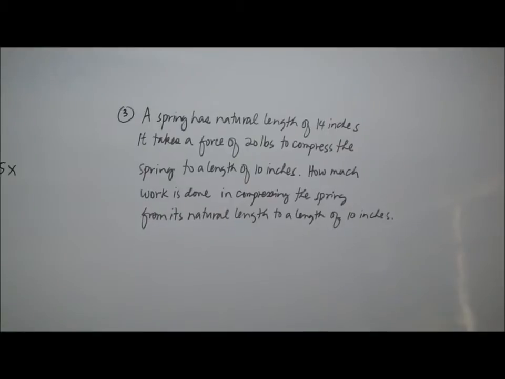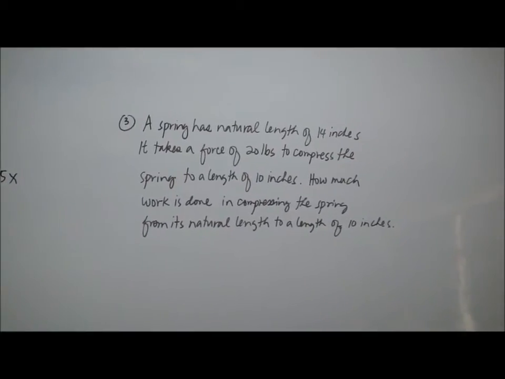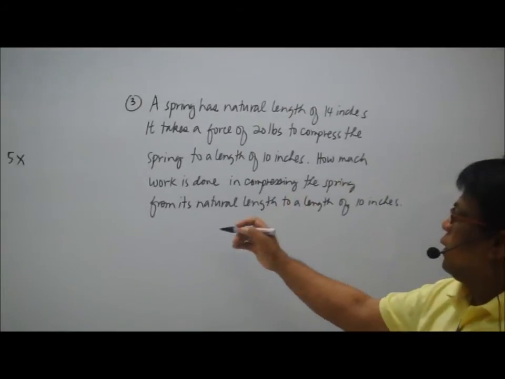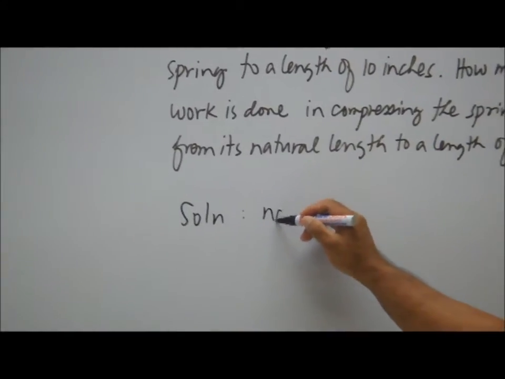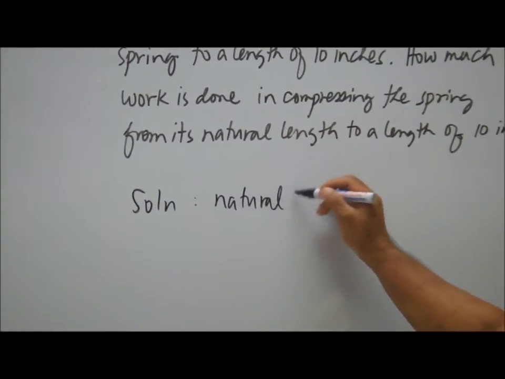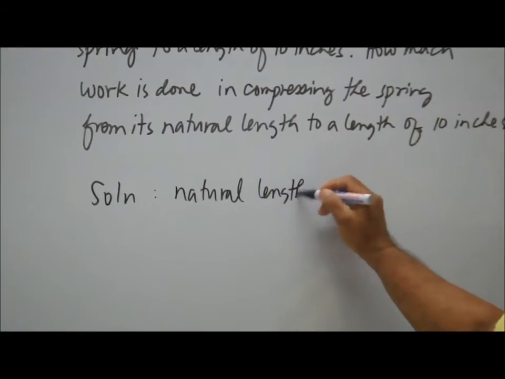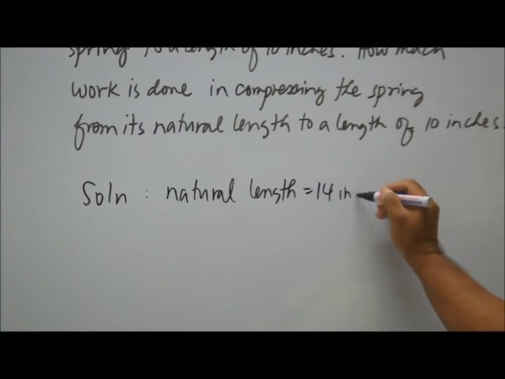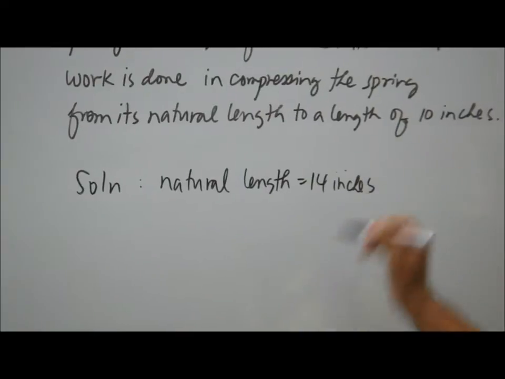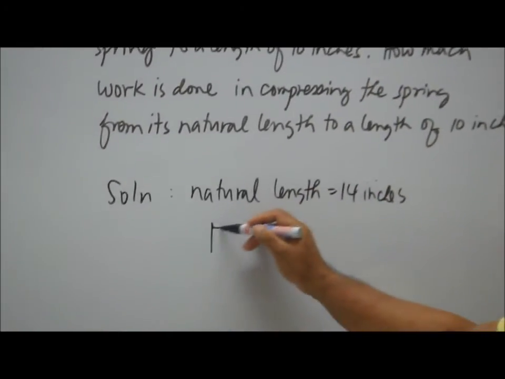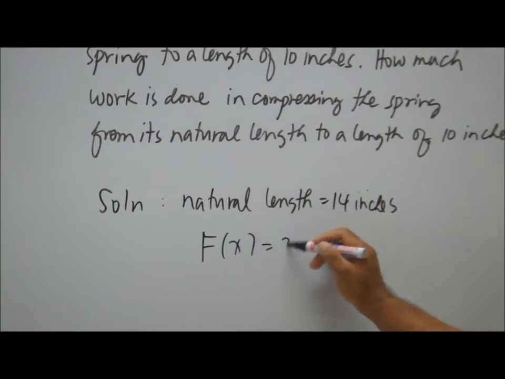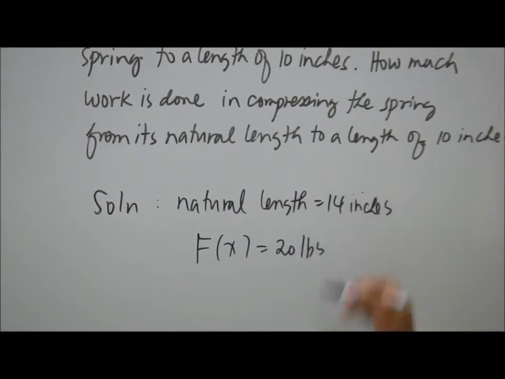Okay? So we have the given natural length. The natural length is equal to 40 inches. And then we have the force to compress the spring to a length of 10 inches. So that is the force f of x equals 20 pounds.